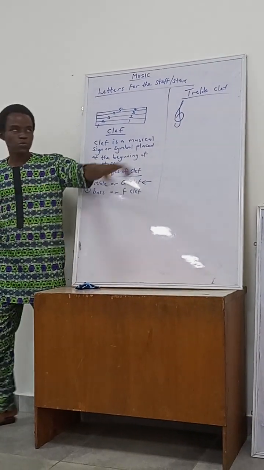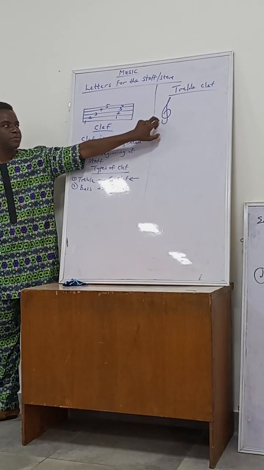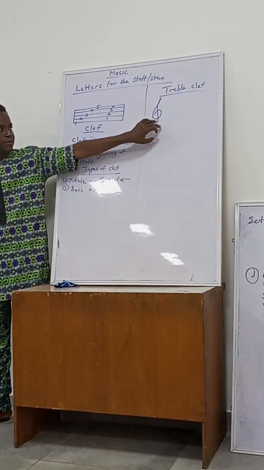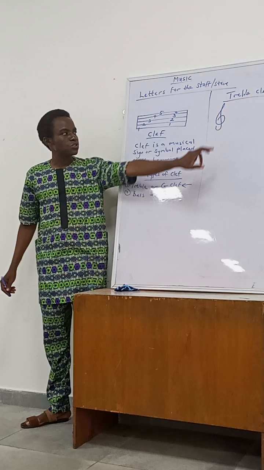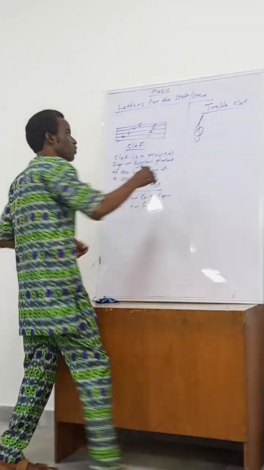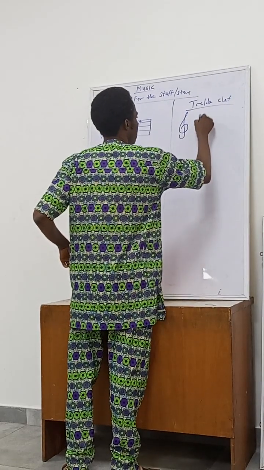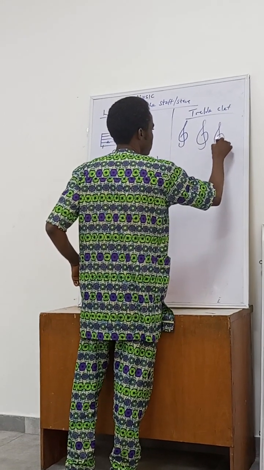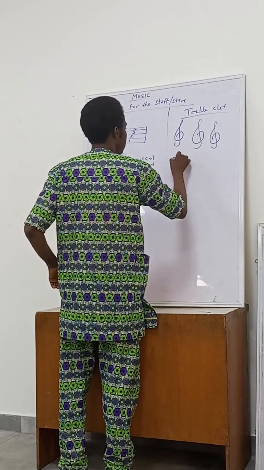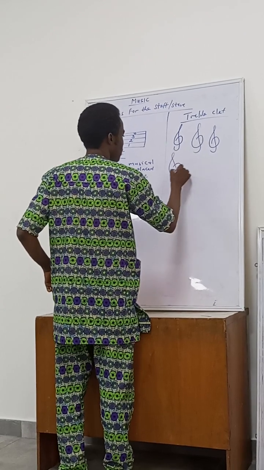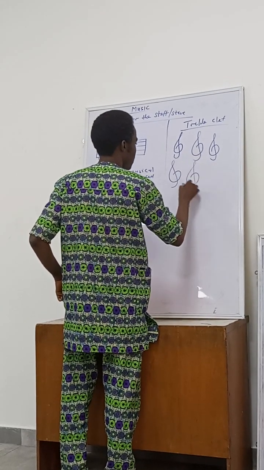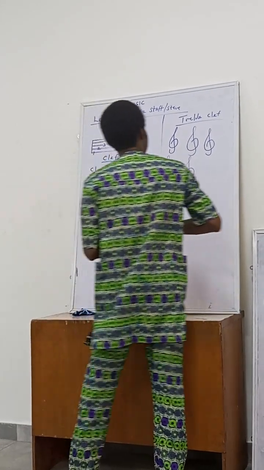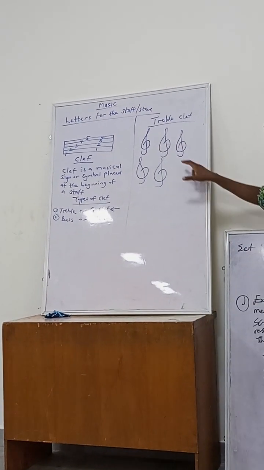It is drawn this way. So when you see a diagram like this, it is called treble clef.